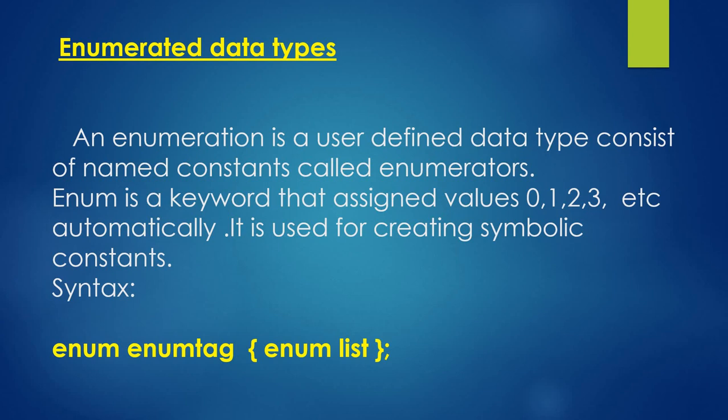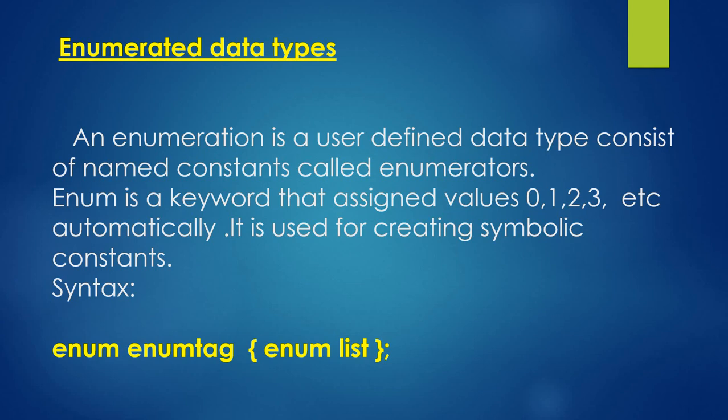In the general structure of a C++ program, we learned the definition section. In the definition section, we gave hash define pi 3.14. Instead of 3.14, we can use pi in the program. Like that, we can define a symbolic constant using the hash define statement.